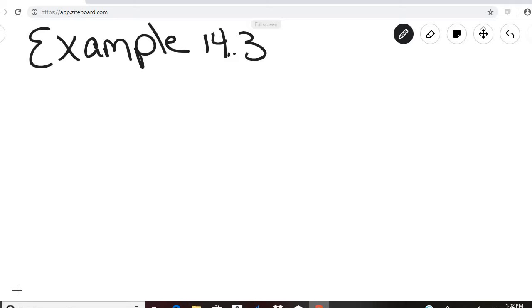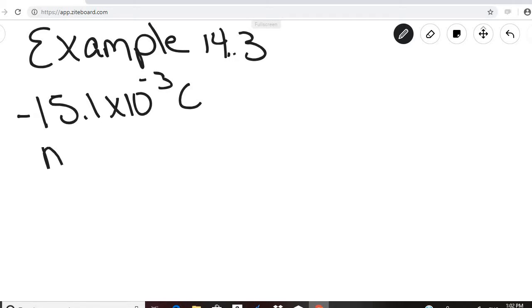So example 14.3 says we have a negative 15.1 millicoulomb charge. Go ahead and convert that to coulombs.